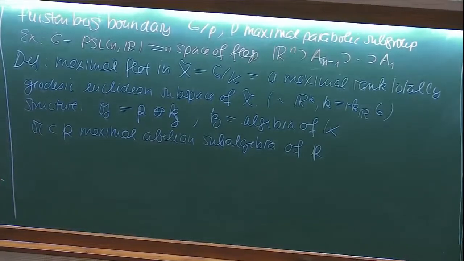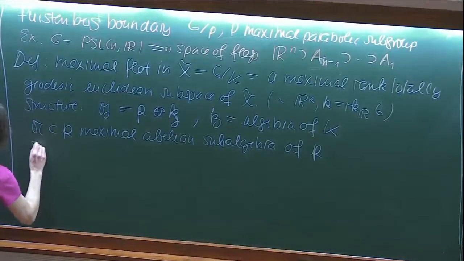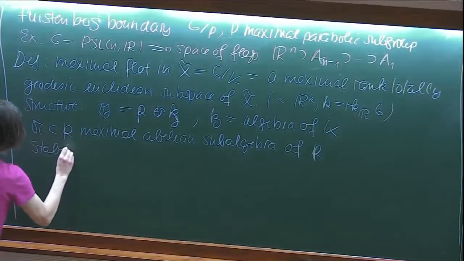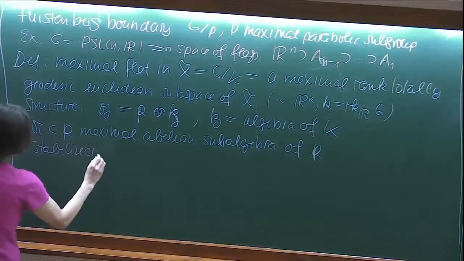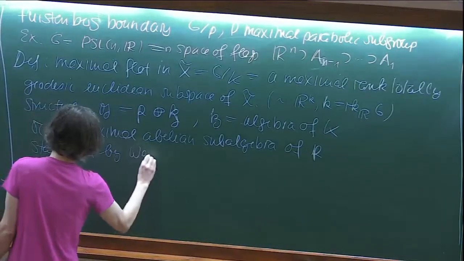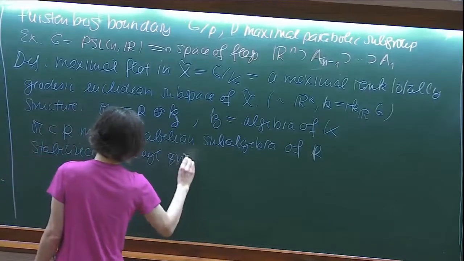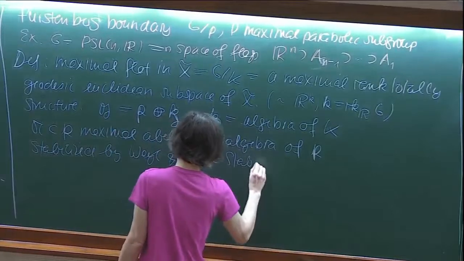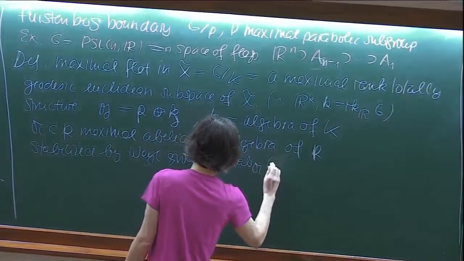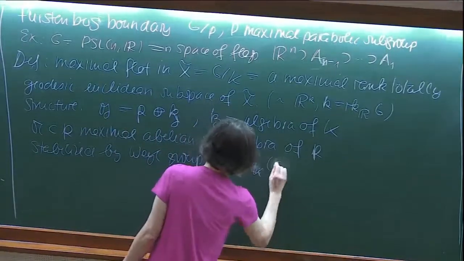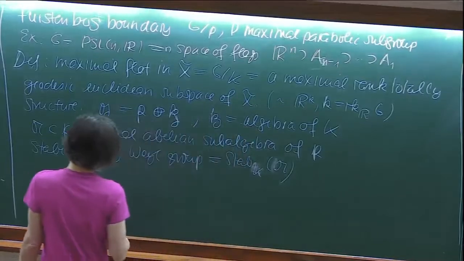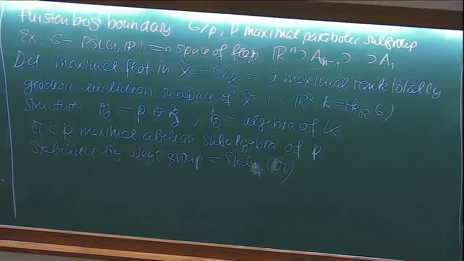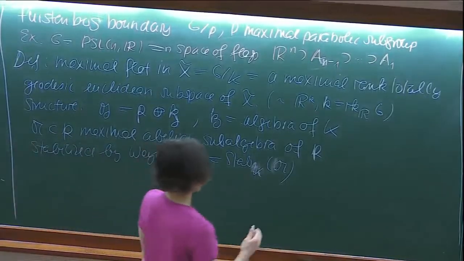And now we need the root space decomposition. So this a is stabilized by the Weyl group, which is the stabilizer of a in the compact group K. This acts as a finite reflection group on this linear subspace a.